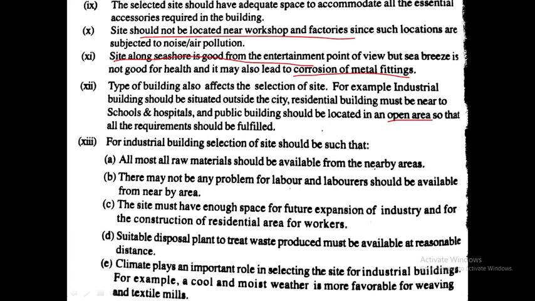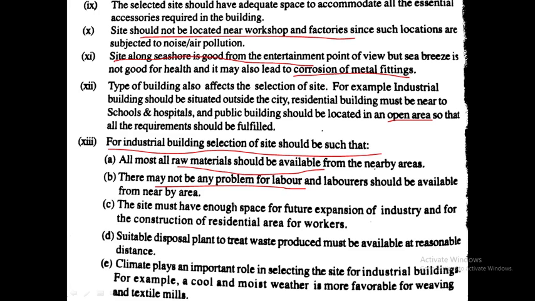Then in case of industrial building, what points should be kept in mind while selecting the site? For an industrial building, selection of site should be such that almost all raw materials should be available from the nearby areas. There may not be any problem for labor, and laborers should be available from nearby areas.